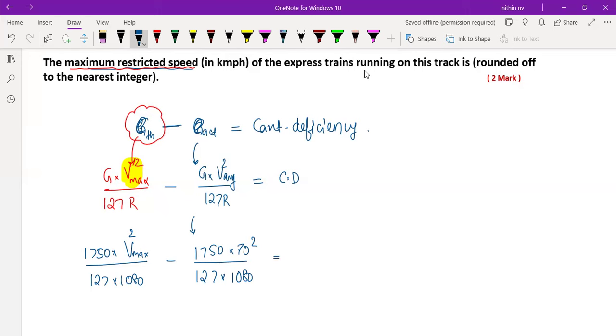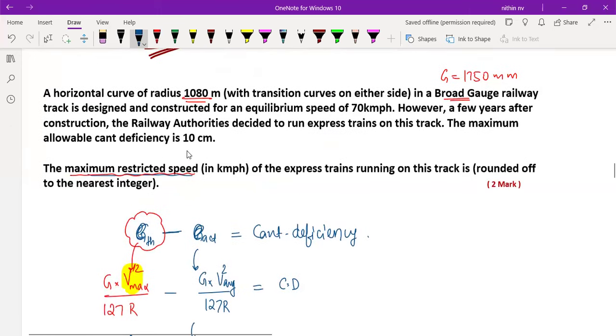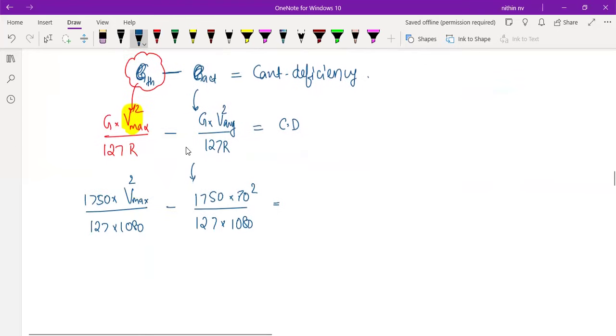This is equal to the cant deficiency they have given as 10 centimeter, right? So what is the meaning of this? The difference between the theoretical superelevation and actual superelevation is 10 centimeter, which means the values which we need to substitute here should be in centimeter only, right? So can we substitute 1750?